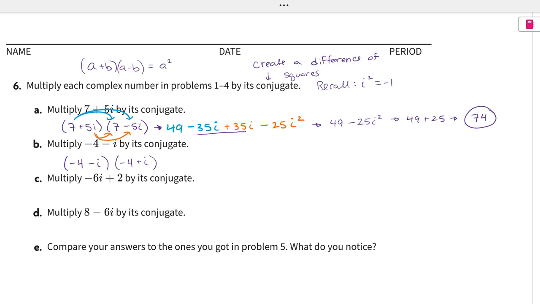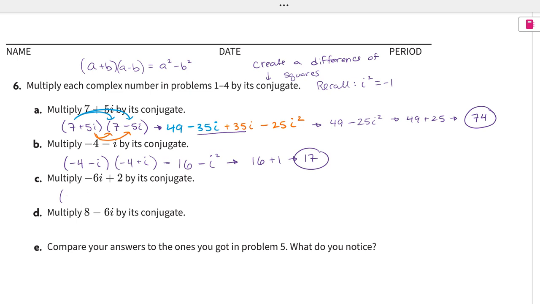In the real part, we end up with a squared minus b squared. So I'm going to use that shortcut. Negative 4 squared becomes positive 16 minus, well, i squared is equivalent to negative 1. So minus negative 1, or plus 1. So we get 17.